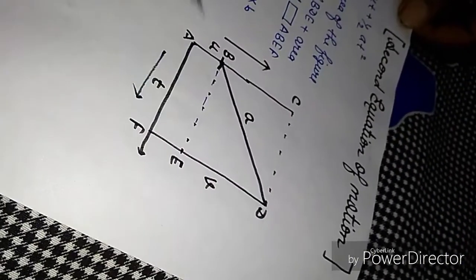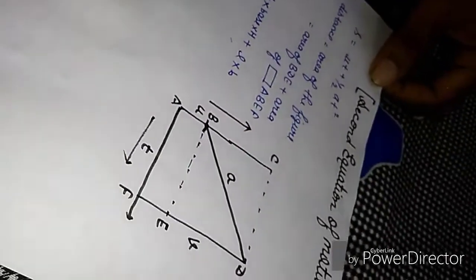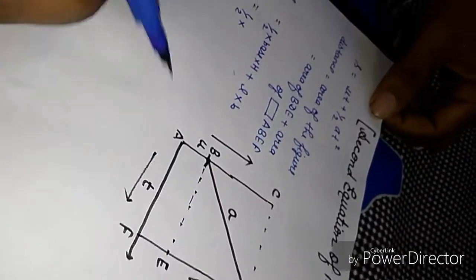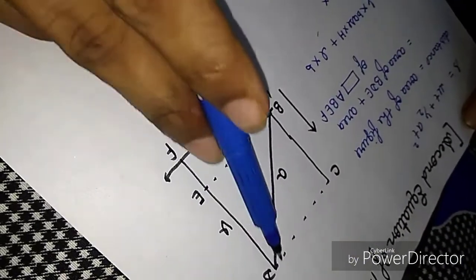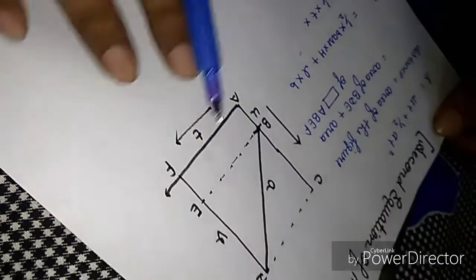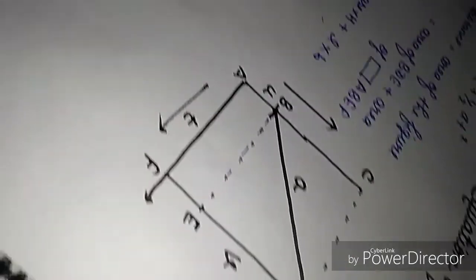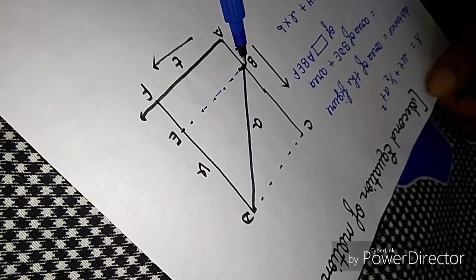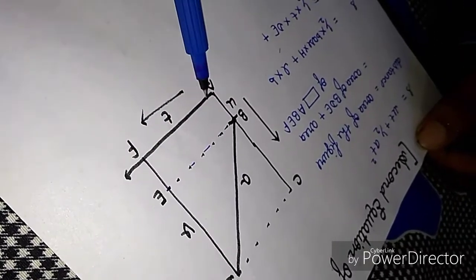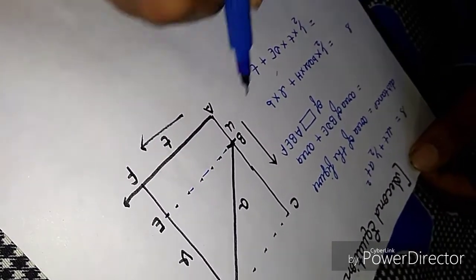Base is BE, which is equal to AF, and AF is equal to t, then t into height, which is equal to DE. We do not know the value of DE directly because DF is v. Then DE plus the length of the rectangle; length is t and breadth is u.